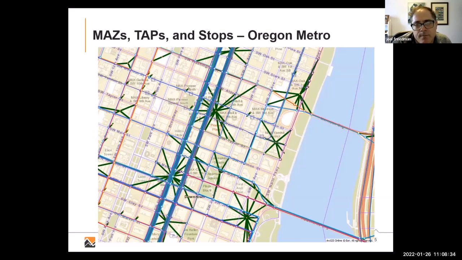And then there are aggregations of transit stops, called transit access points or TAPs, that one uses to build non-motorized access between the microzone and transit. That's shown here with the green links, all the transit stops that are connected to each transit access point.